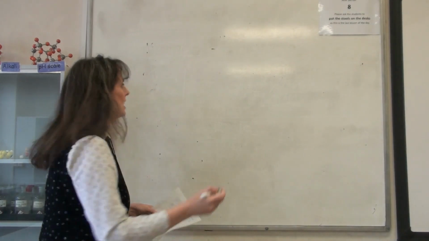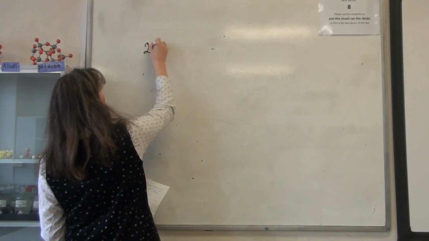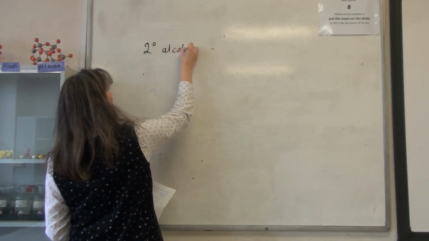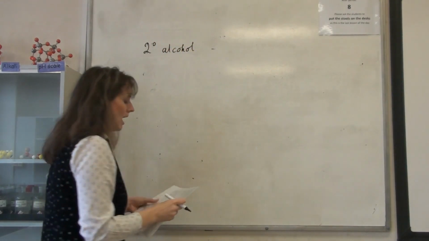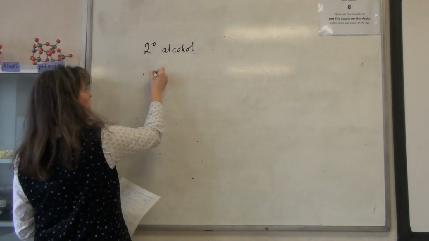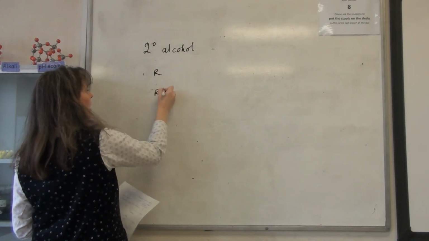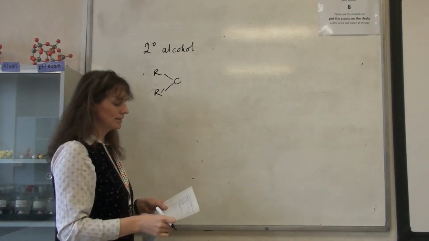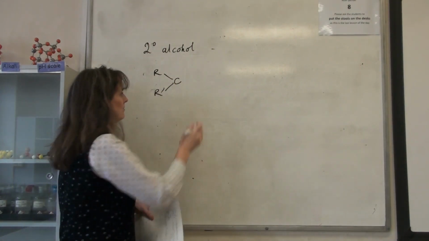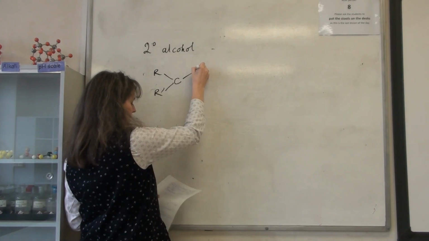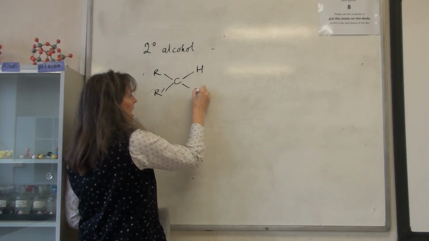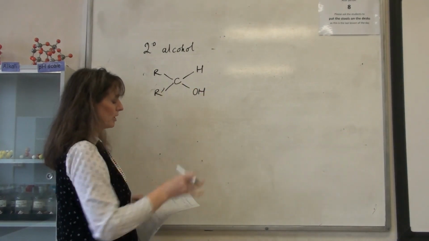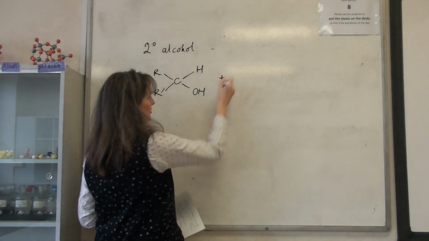If you remember, a secondary alcohol has two R groups. Remember, we can use perhaps R and R dash because they don't have to be the same, attached to the carbon that has the OH on it. So just put it on the side like this. It doesn't have to be like that.